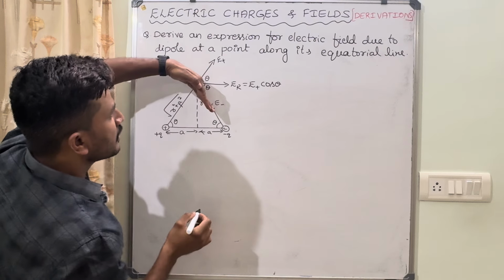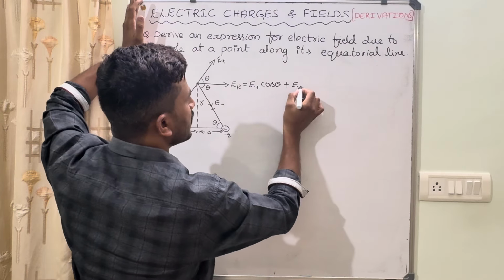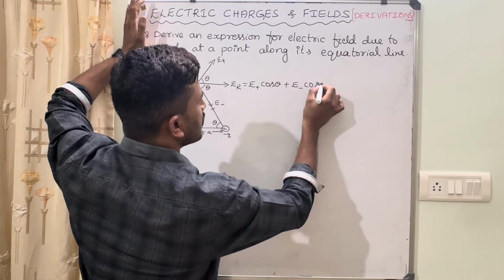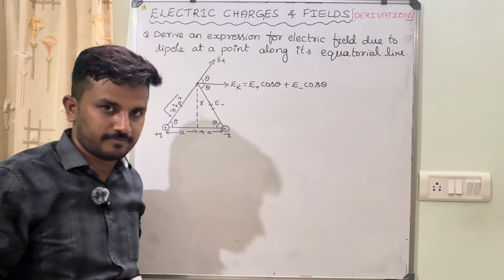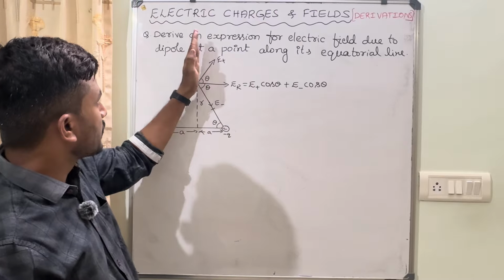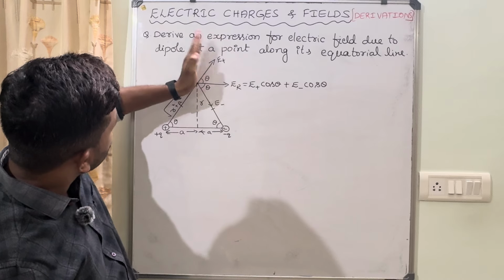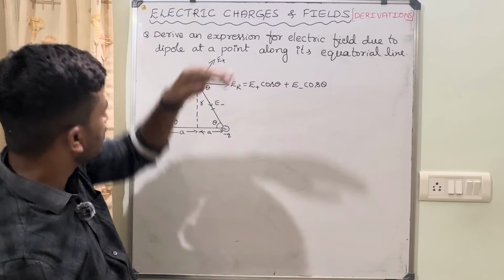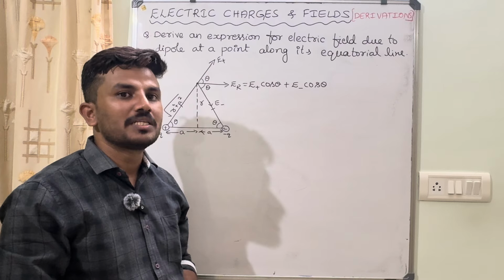What is component of E minus along x axis? E minus cos theta. So E plus cos theta and E minus cos theta get added. What about perpendicular? E plus sin theta, E minus sin theta, they get cancelled. Along y axis, electric field components get cancelled.